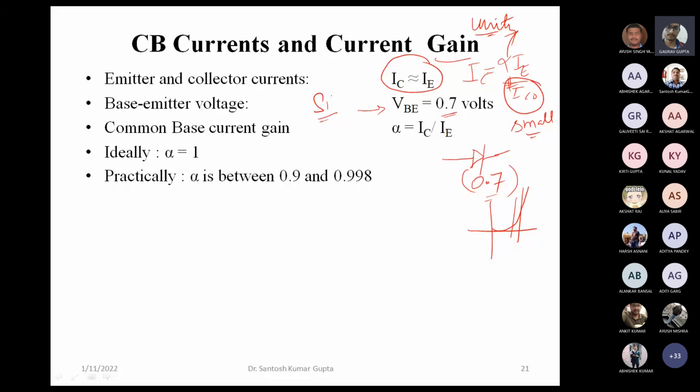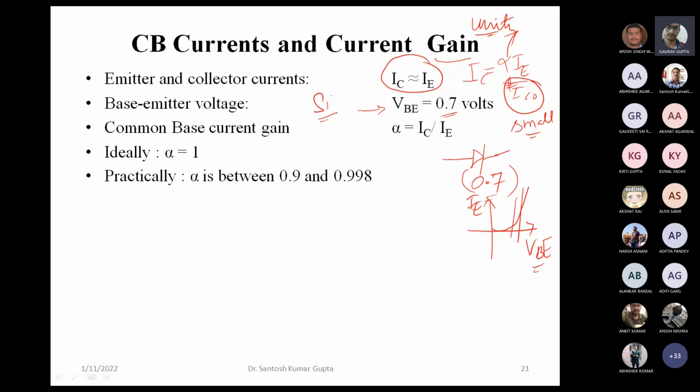From the input characteristic, this can be revealed here that for silicon transistors we require at least 0.7. This voltage actually appears across this emitter junction, just like a forward bias diode has a voltage across it equal to the cut-in voltage or the potential barrier. The same thing happens also with this.